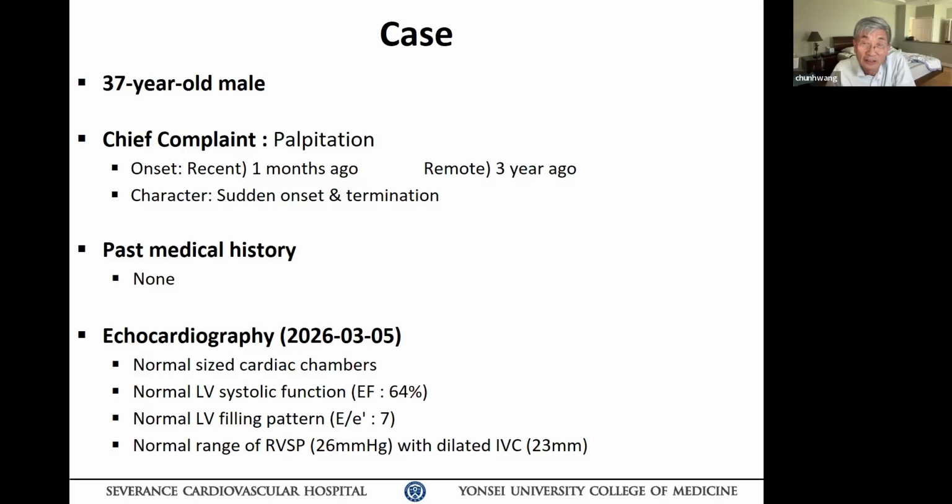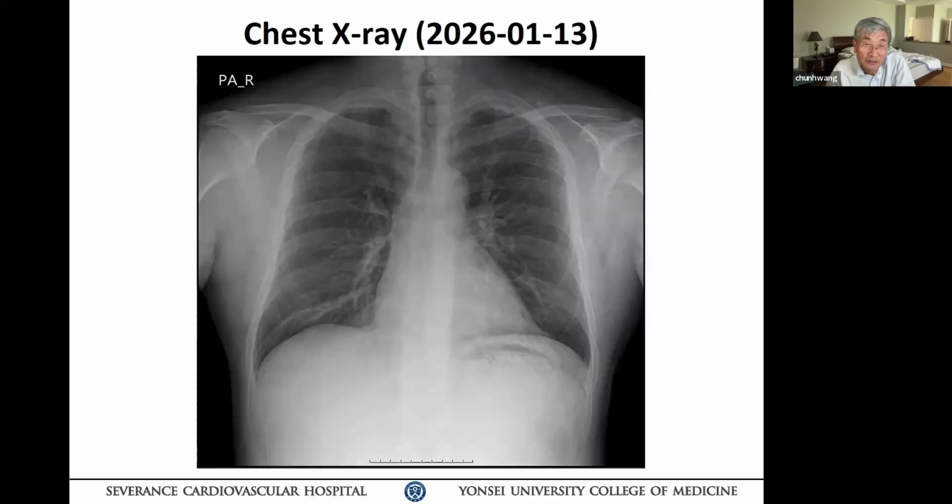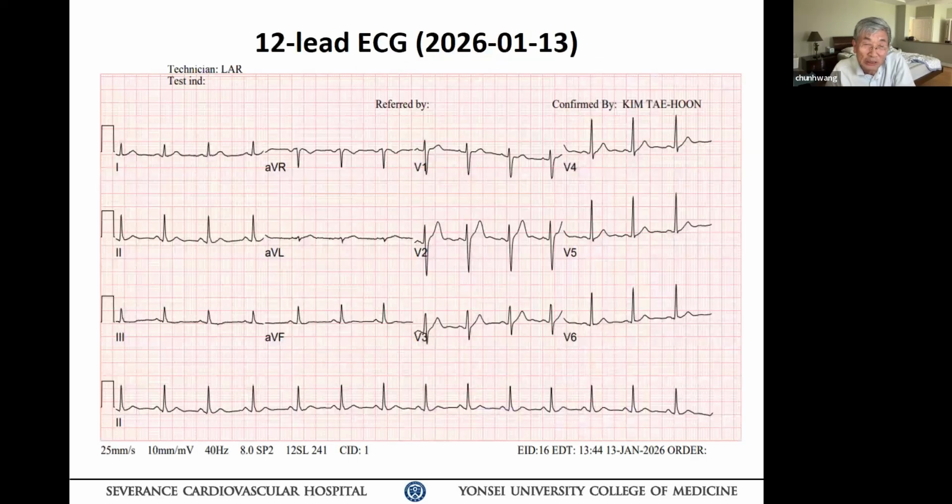The chest X-ray shows nothing serious. Does the EKG show any abnormality you're concerned about? Not much. Probably normal axis, normal PR, everything normal.